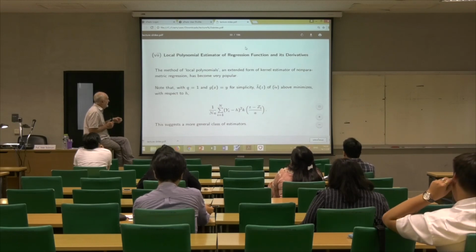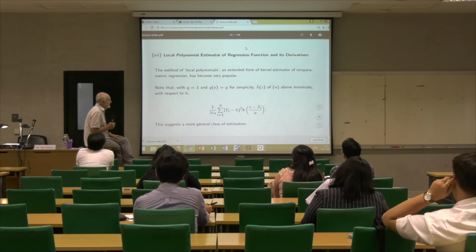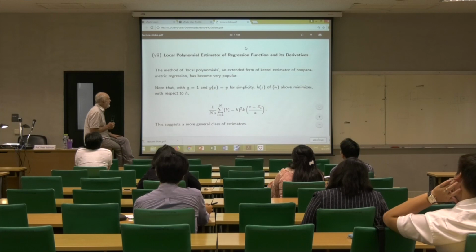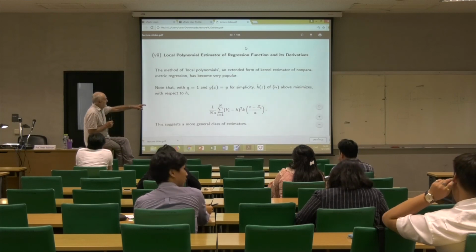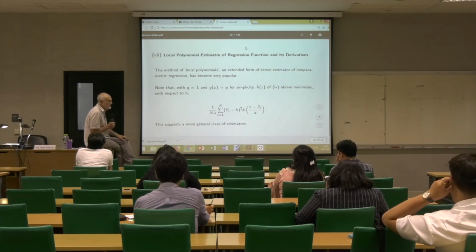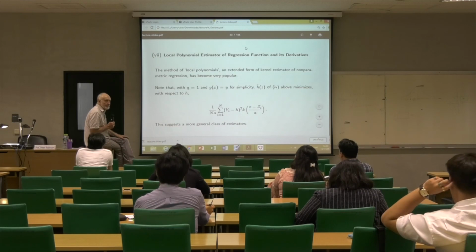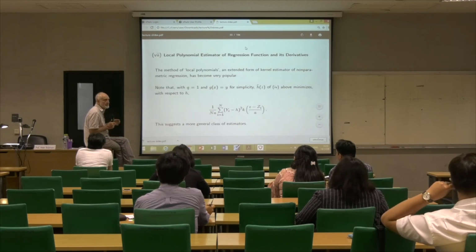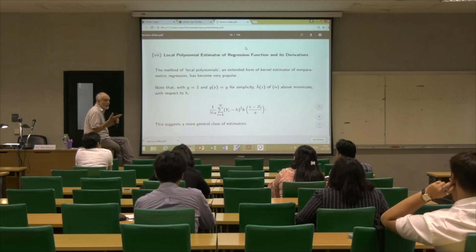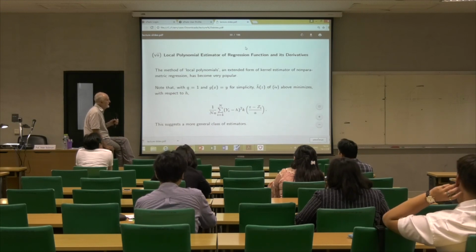Let's suppose that you look at this kind of weighted sum of squares criterion, all right? It's a bit like ordinary least squares, or weighted least squares, although the k's don't have any kind of variance or 1 over variance interpretation.